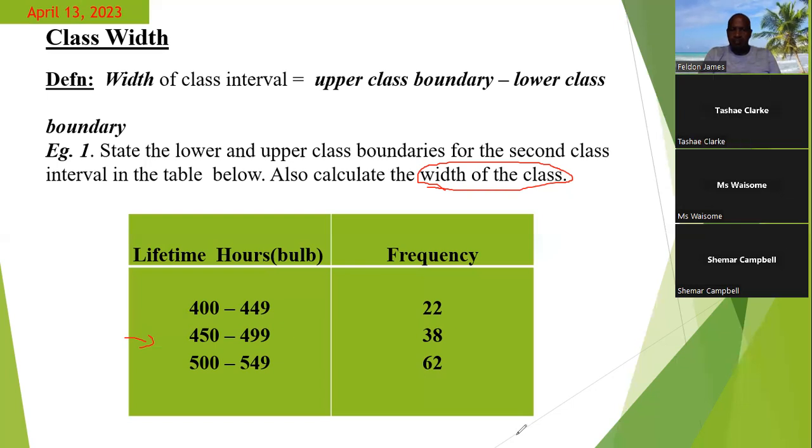Sir, you subtract the 449.5 from 499.5 and get the 50, sir. All right, thanks very much. Everybody, did you all arrive at the same answer for the upper and lower boundary of the second class, as well as the class width? Let me see your hands.